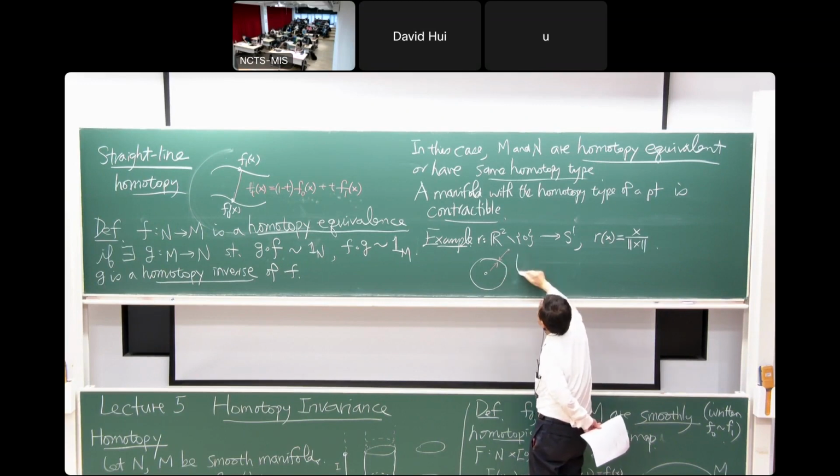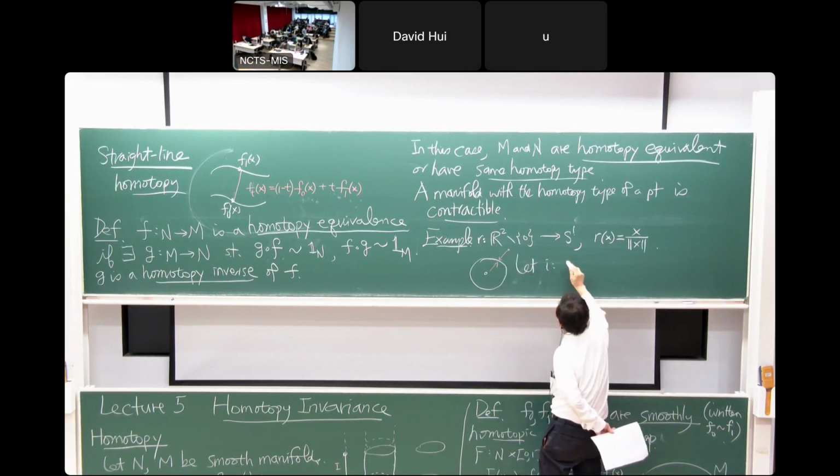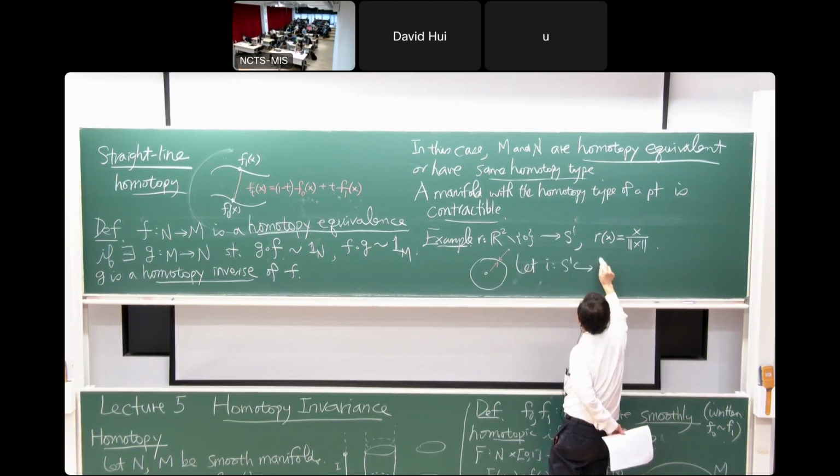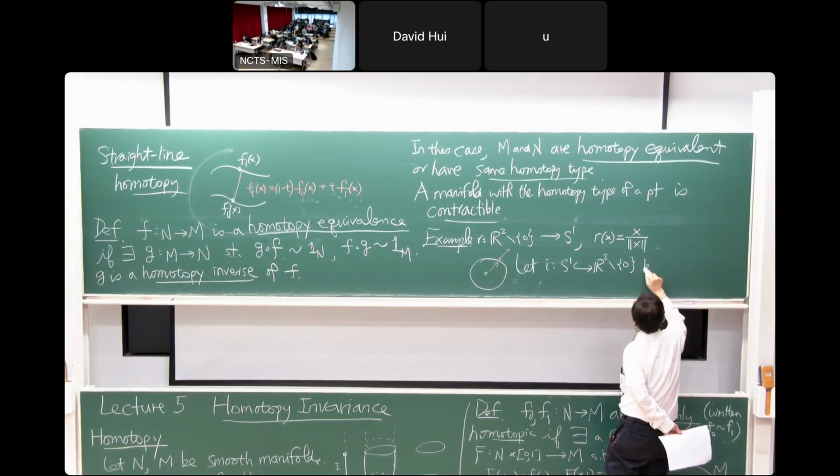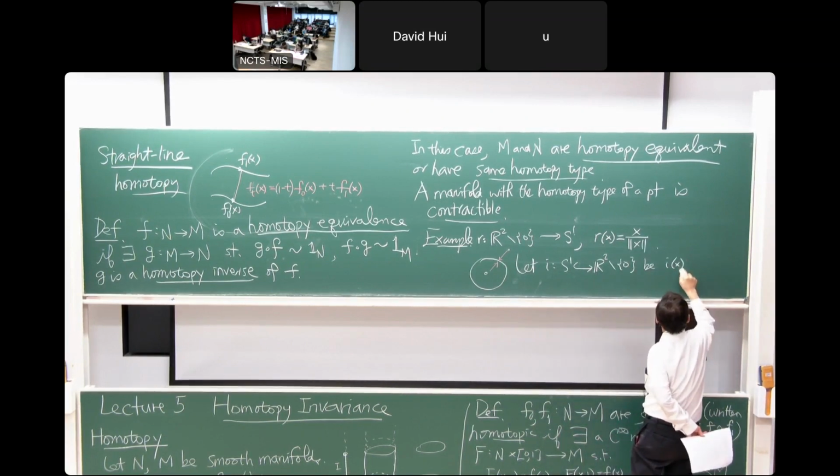So let I be the inclusion map. So I of x is just x.